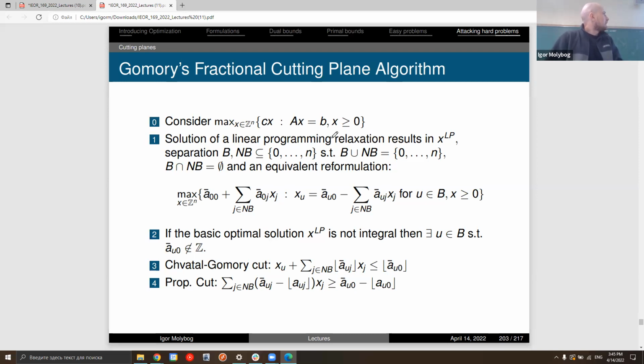Basically, it's a more general approach to a cutting plane algorithm that can be used for any integer programming problem.